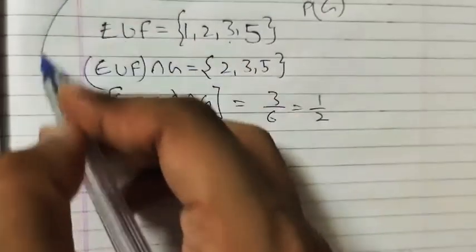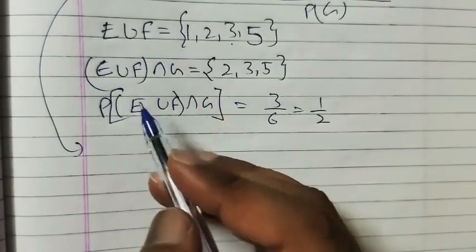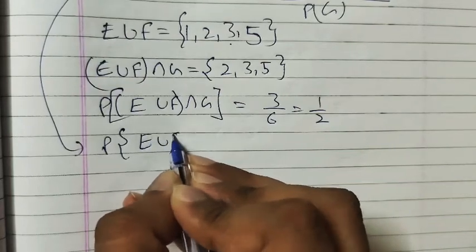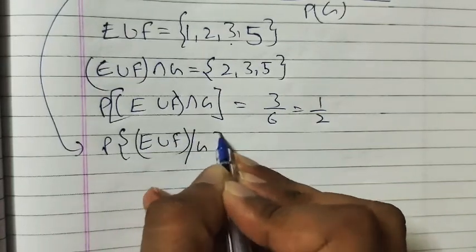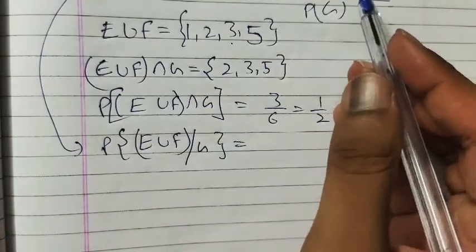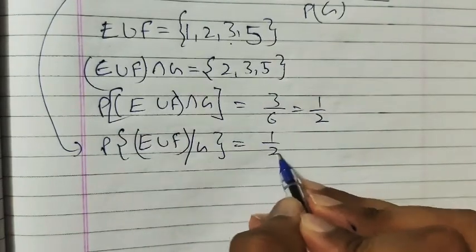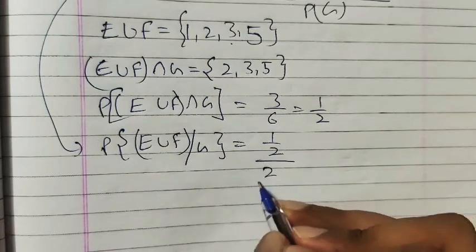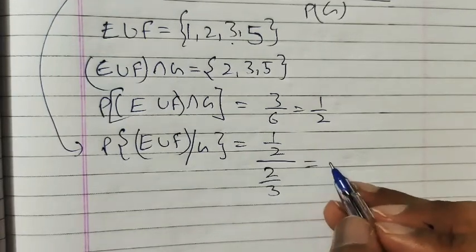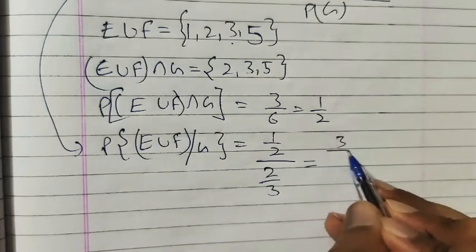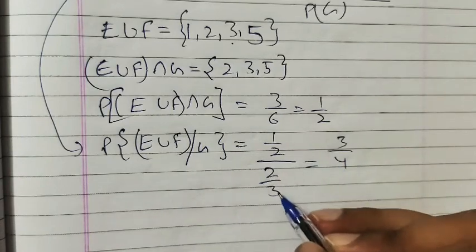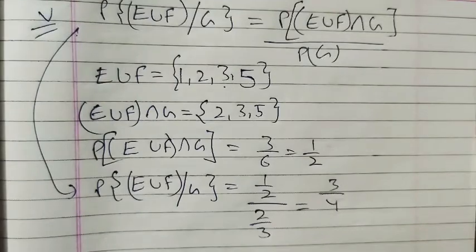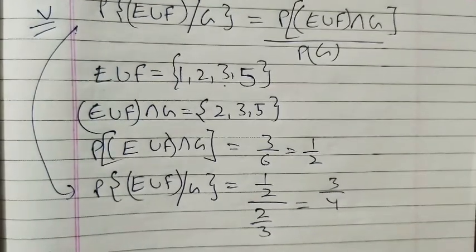So let's put it in this formula. Probability of E union F given G is equal to 1 by 2 upon probability of G. Probability of G is 2 upon 3. So this will be 3 upon 4. This is part 5. It is very important.